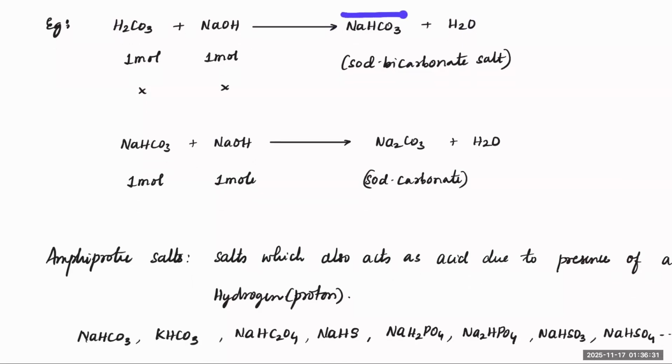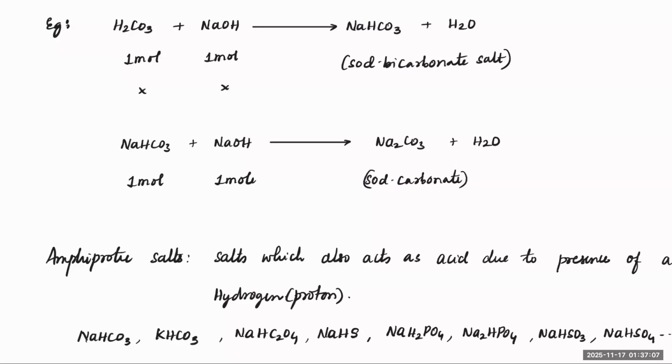These types of salts can undergo hydrolysis but also have at least one hydrogen left, which can act like an acid, which means a proton can still be released into the solution. That means it will play a dual role. It will act like a salt hydrolyzing water, which will anyway happen. Simultaneously, it will also act like an acid trying to release H plus ions into the solution.